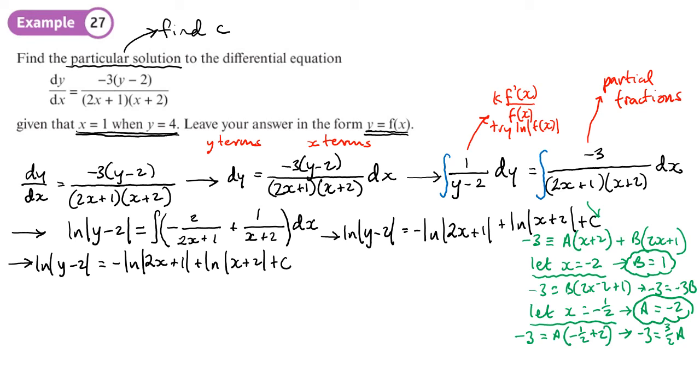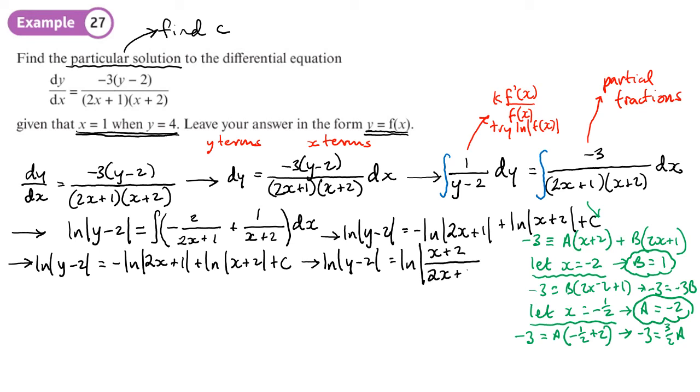Let's simplify it so that it's a little bit easier, so that we substitute in the 1 and 4 to find c to get that particular solution. So if I swap these around and had log of x plus 2 minus the log of that, that would be equal to the log of x plus 2 divided by 2x plus 1.